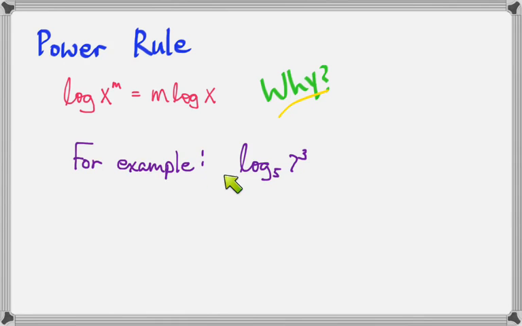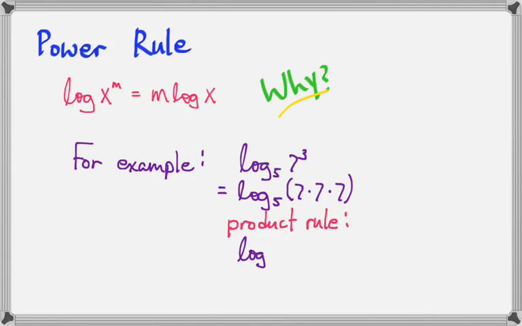Well, first let's look at an example. If you have log base 5 of 7 to the third, that is log base 5 of 7 times 7 times 7. So 7 to the third can be written this way. But since this is a product, our product rule says that we can actually write it this way, as 3 separate log terms.